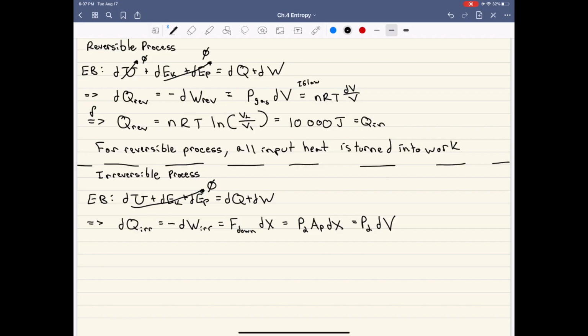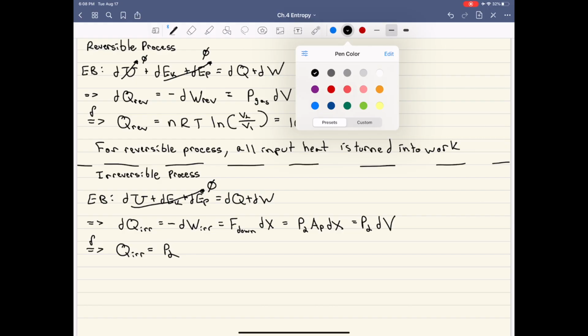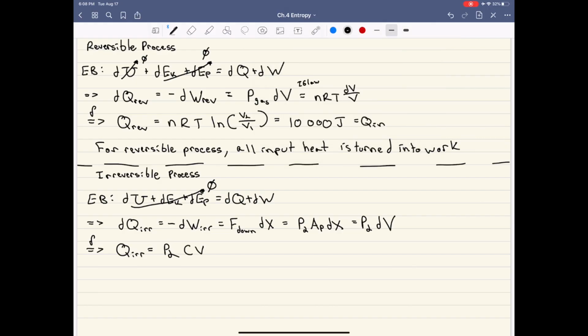Alright, and so to get the Q irreversible for this system, all we have to do is integrate. And so we get Q irreversible is equal to P2, because this is a constant now, times volume 2 minus volume 1.